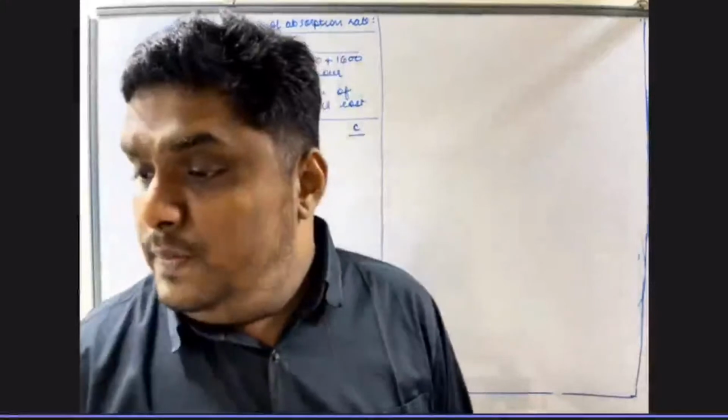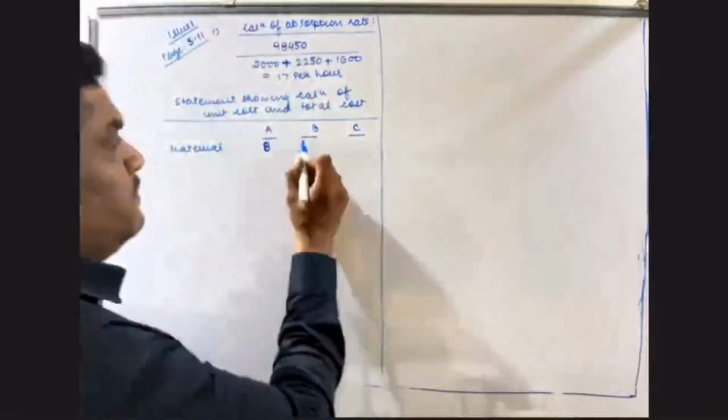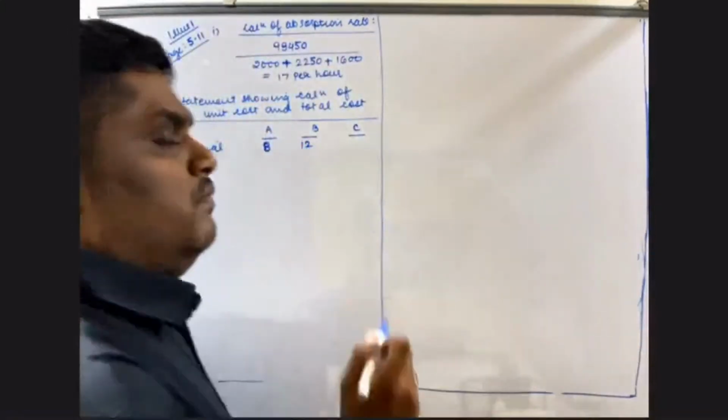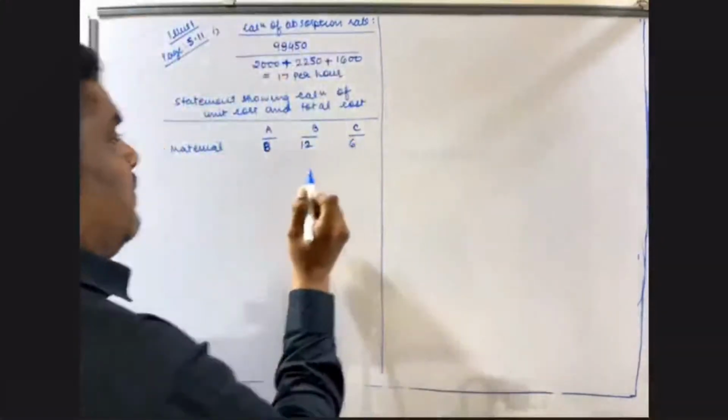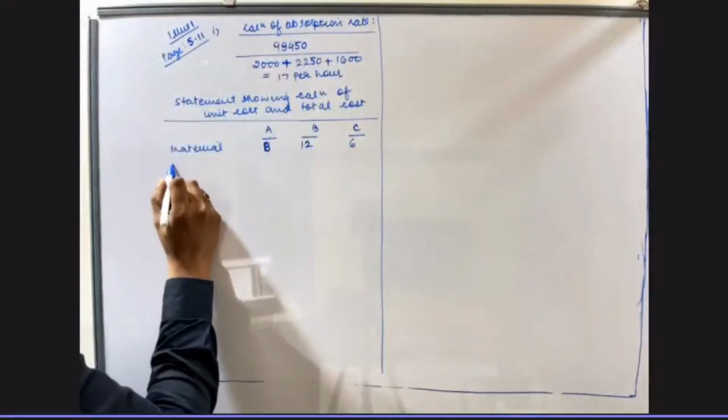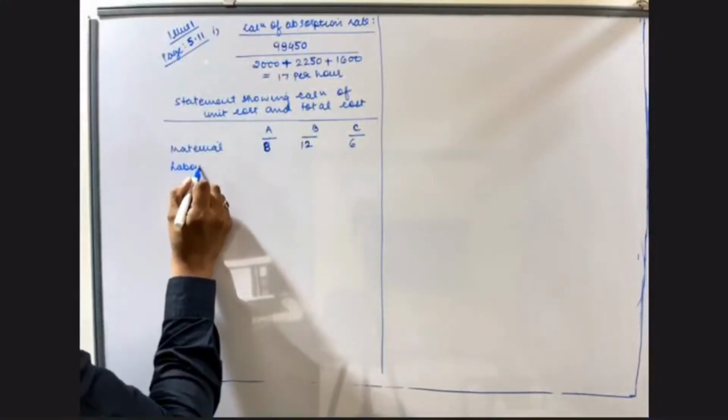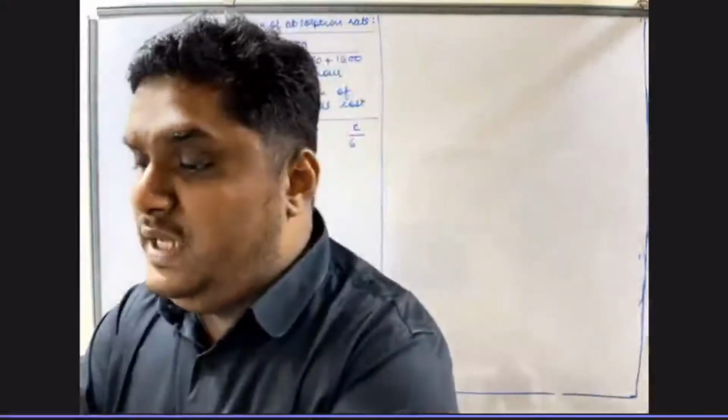When talking about B, it will be 12, and this will be 6. When talking about labor cost, the labor is paid at the rate of rupees 10 per hour.